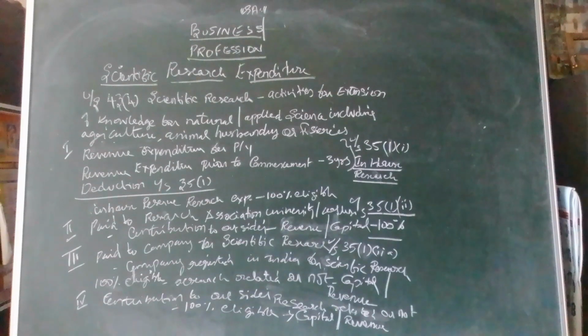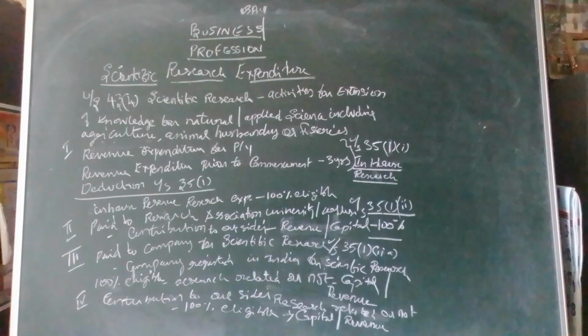Then another one, the deductions under section 35.1. What is that? In-house research expenditure is 100% eligible if it is spent for that purpose. Under what categories? If the amount is paid to research associations. Another one is the amount paid to a research association, university, or college, that is, contributions to outsiders.